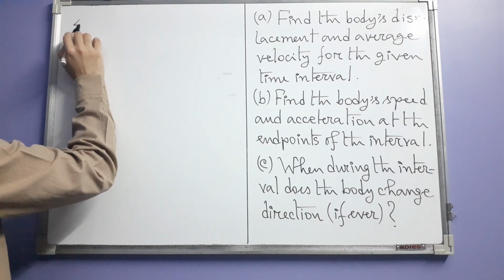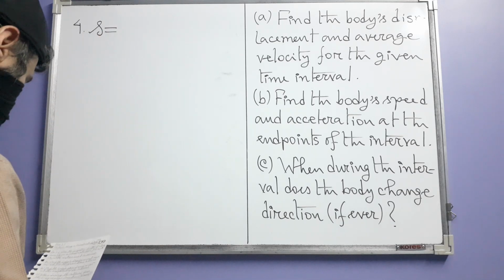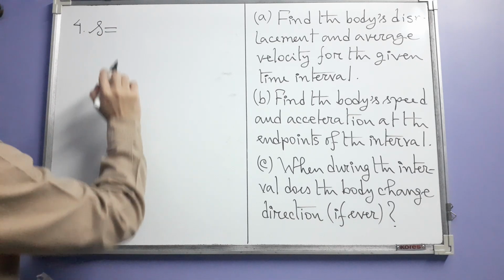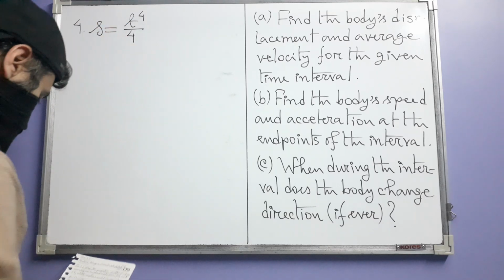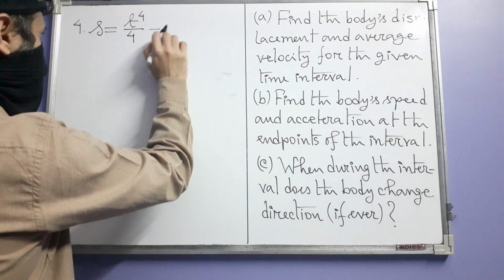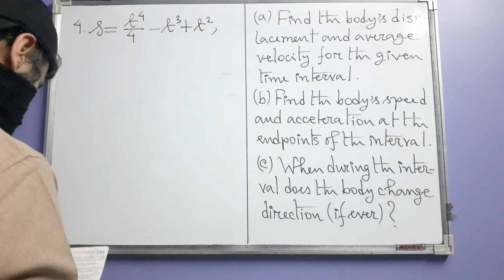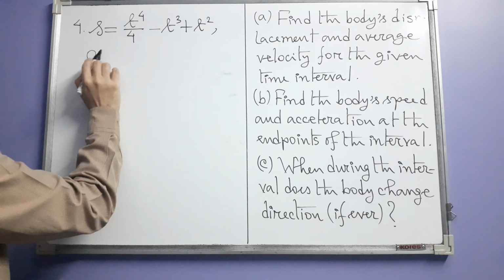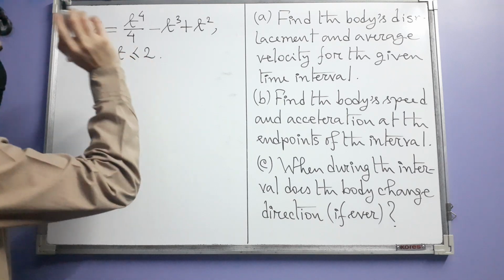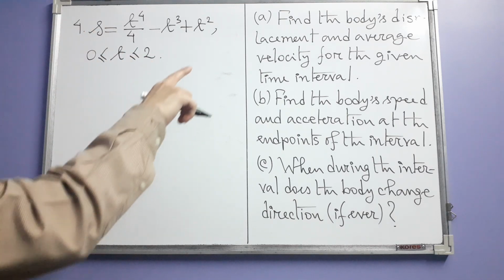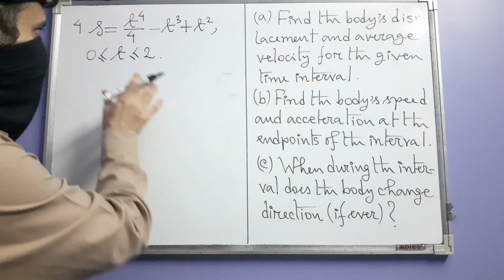Here, s is this polynomial expression in t: t to the power 4 divided by 4 minus t cube plus t square, and the interval is the closed interval [0, 2]. So we first have to find the body's displacement and average velocity in this interval.